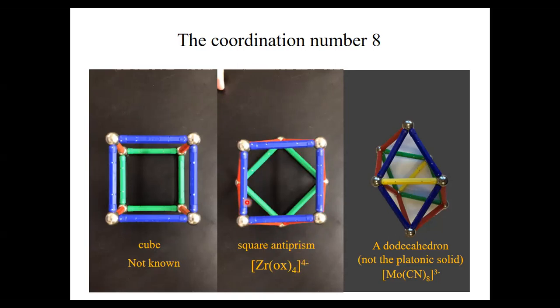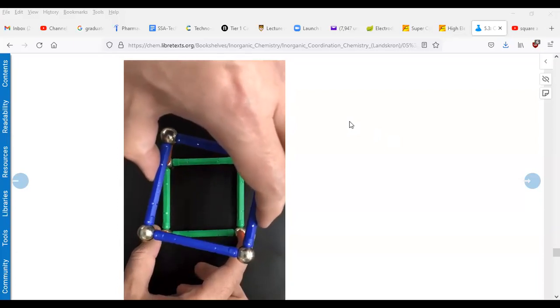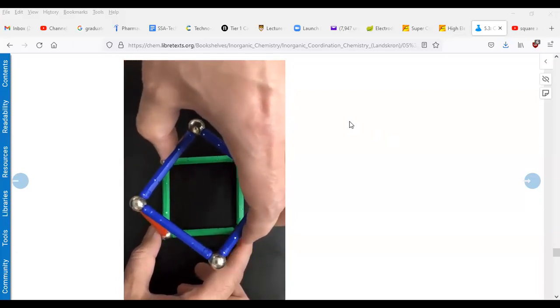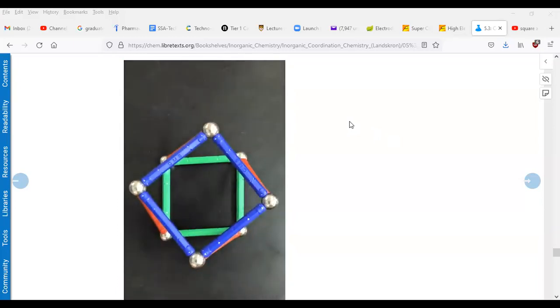I have actually prepared a little video, which was a part of your textbook, that shows the interconversion of a cube into a square antiprism. I briefly wanted to show you that video on this occasion. So now we see, we start out with a cube, and we rotate one of the squares by 45 degrees, and we see our cube turns into a square antiprism.